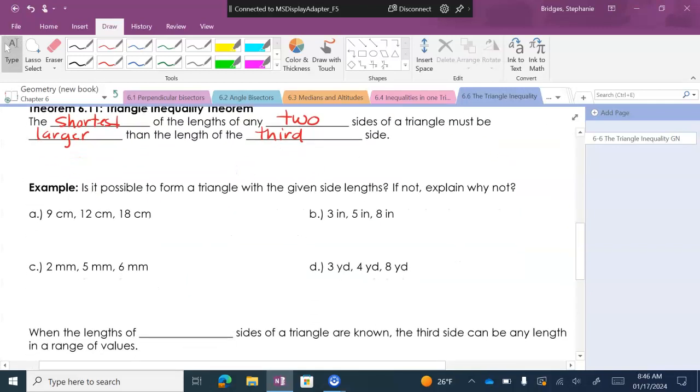So these first few examples, it's asking me, is it possible to form a triangle with the given side lengths? If not, explain why. So if I'm looking at A, my 3 side lengths are 9, 12, and 18. What are the 2 smaller ones? 9 and 12. Okay, so if I add 9 plus 12, what does that give me?